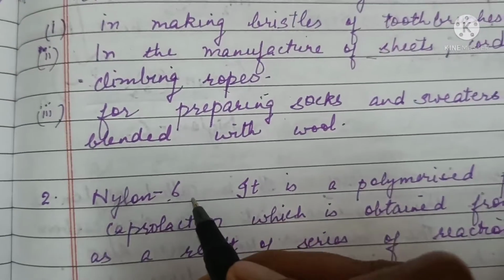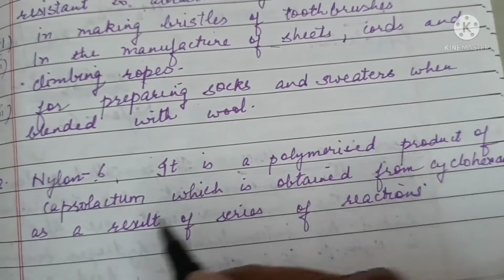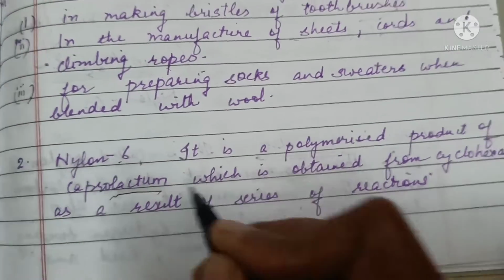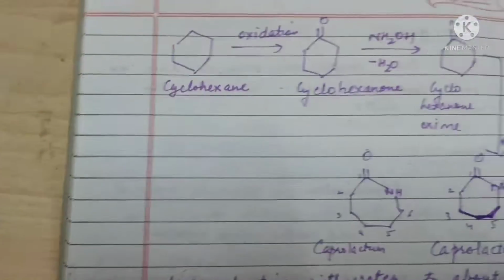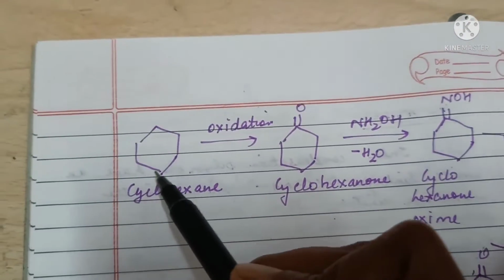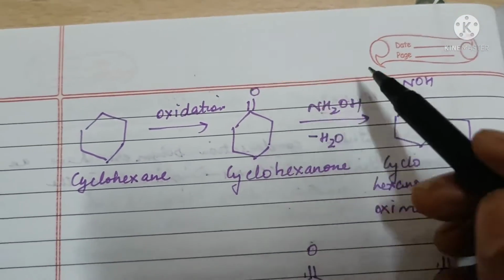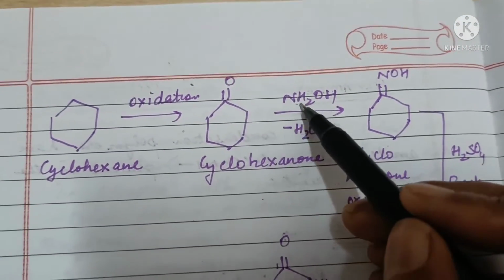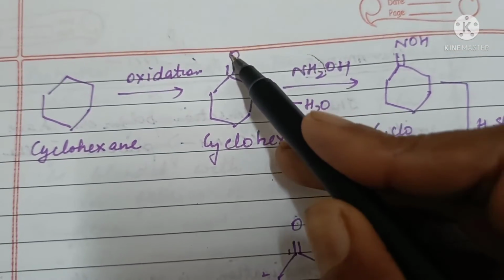Now, nylon 6 is also a polyamide, but it is the polymerized product of caprolactam, which is obtained from cyclohexane as a result of a series of reactions. Cyclohexane will be oxidized to form cyclohexanone. When it is reacted with hydroxylamine, the O and H2 will combine to form water.